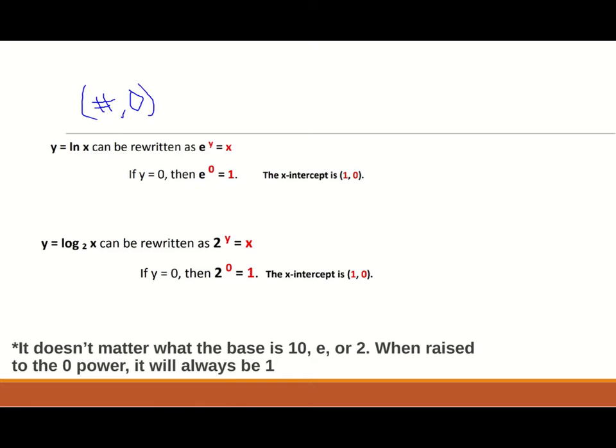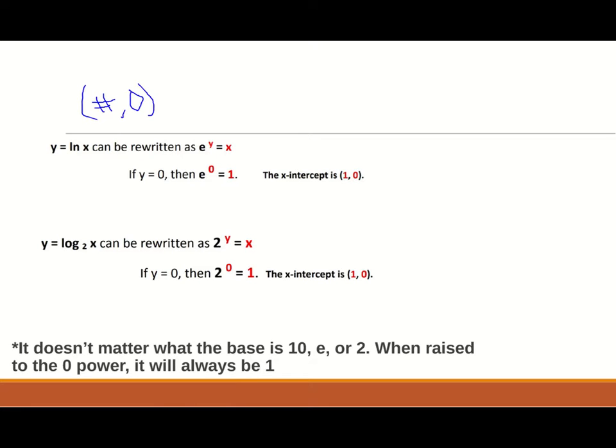So when we rewrite the second example, we have e to the y power equals x. Well, we already know that for the x-intercept, the y has to be 0. So if the y is 0, then we plug in e to the 0 power equals 1. We know anything to the 0 power is 1. So then we would plug in 1 for the x.